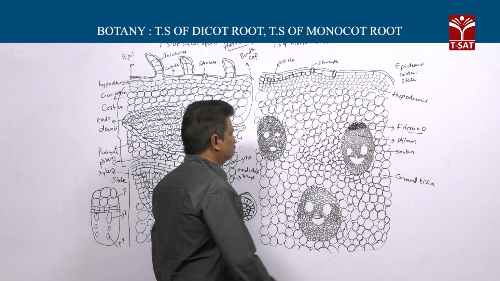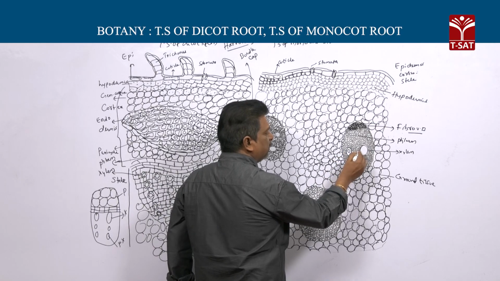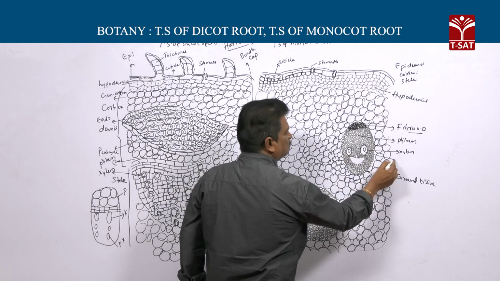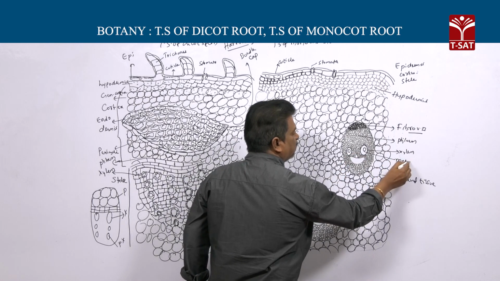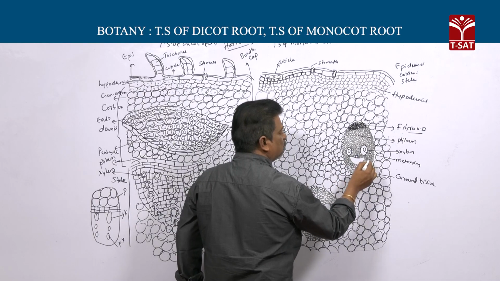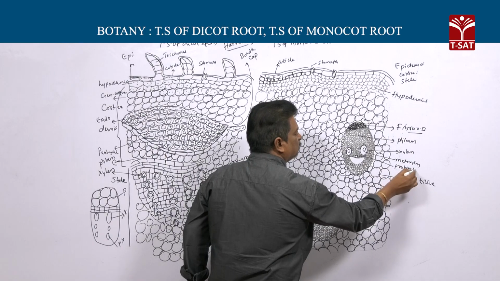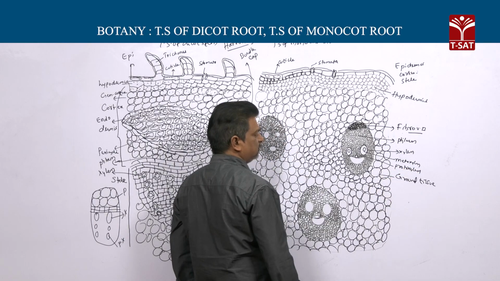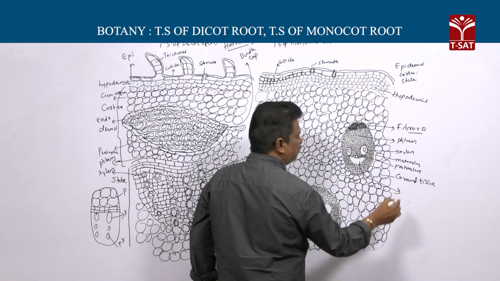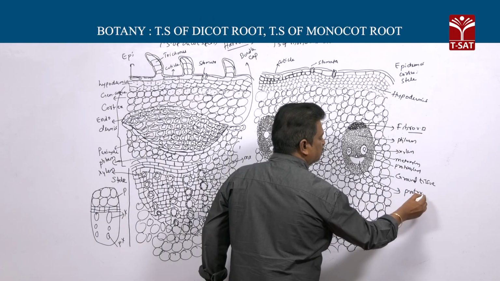Among xylem, in monocot stem, the xylem contains few xylem vessels. Generally, 2 metaxylem and 2 protoxylem vessels present. Some of the protoxylem vessels, they degenerate and form a cavity.